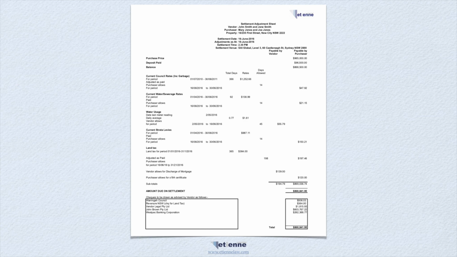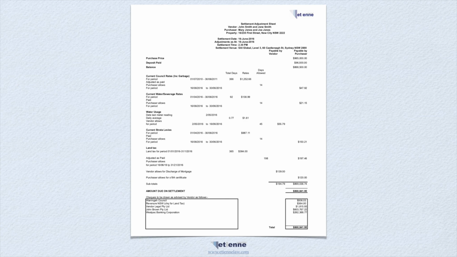If you do not draw this cheque, the vendors can refuse to settle. As in this example, the vendor has to discharge their existing mortgage, explaining why there is a cheque to Westpac Banking Corporation.